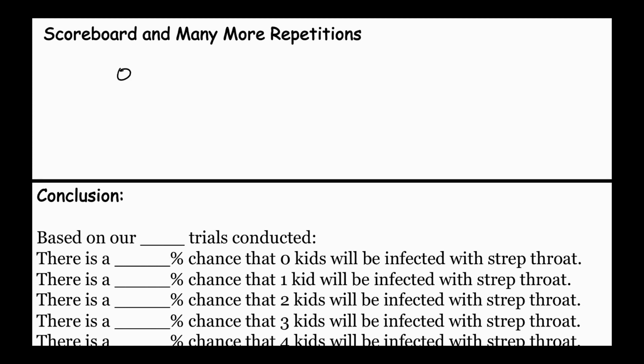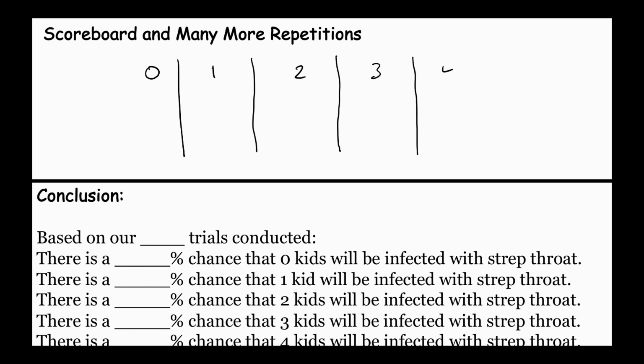So 0, 1, 2, 3, 4. Okay. So what are these? What are 0, 1, 2, 3, and 4?